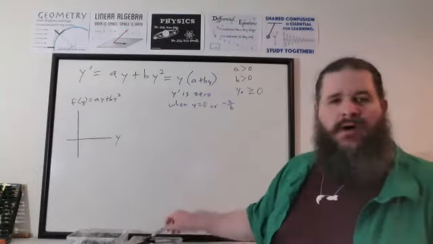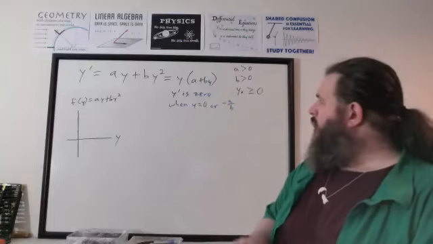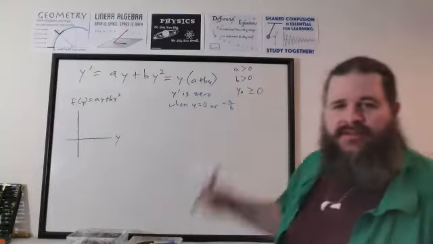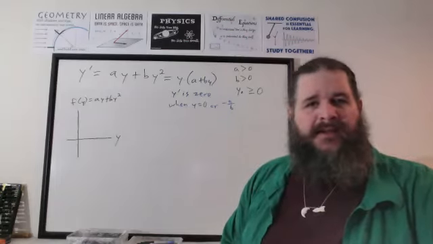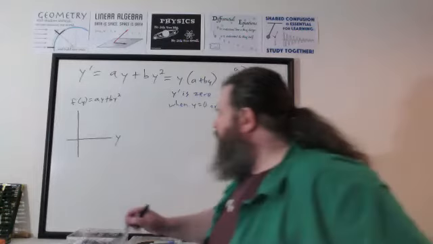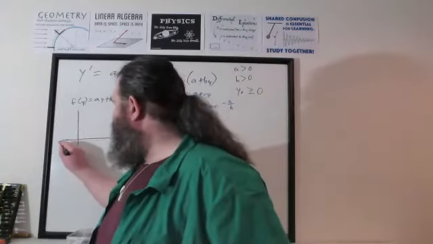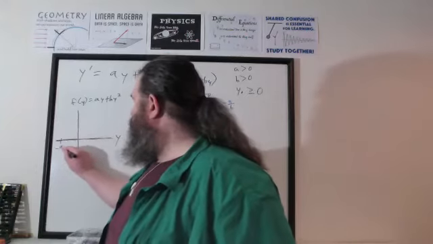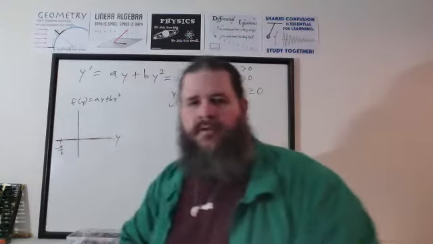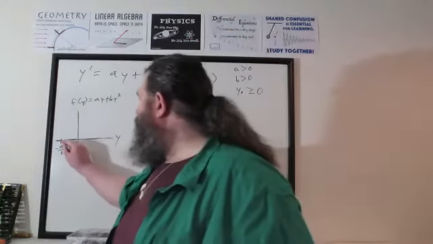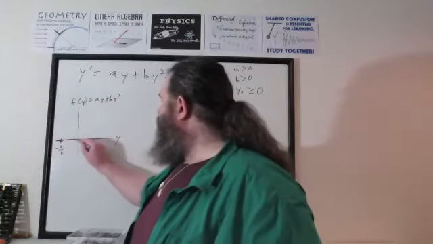So we can mark those on the graph. 0, and we don't know what a and b are going to be, but we at least know they're both positive constants. So negative a over b is going to be some negative value, which kind of suggests we're going to disregard it. But I'm going to mark it on the graph for now anyway, just for the sake of completeness. So negative a over b is one of the y values where we hit 0. And then 0 is going to be the other one.